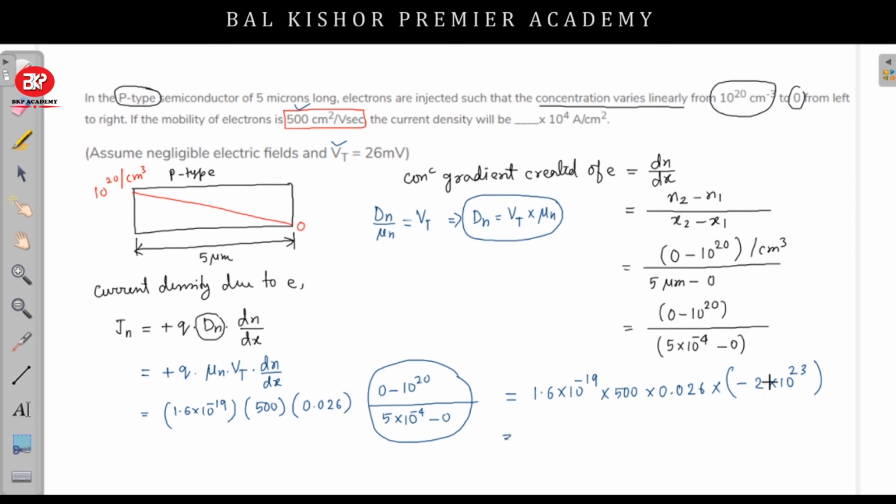Now we can calculate this total term. So if we calculate the total term, then ultimately we will get it as minus 416 into 10 to the power 3 ampere per सेंटीमीटर स्क्वायर. बट यहाँ पे क्वेश्चन में पूछा गया है कि we have to find the current density into 10 to the power 4.